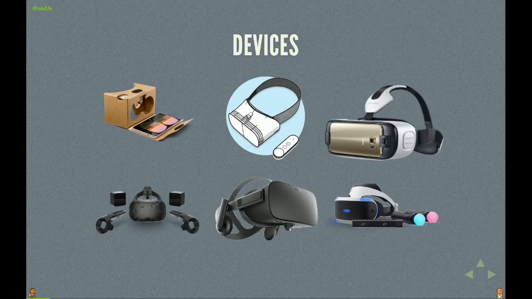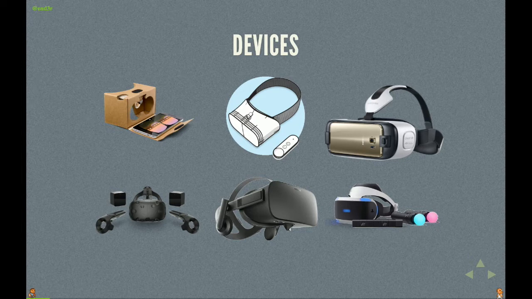As you could probably imagine, there are many devices available on the market that can provide you with VR capabilities, starting from a cardboard and ending with some complicated hardware that is worth a lot of dollars.